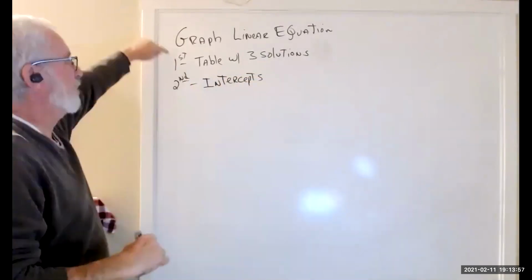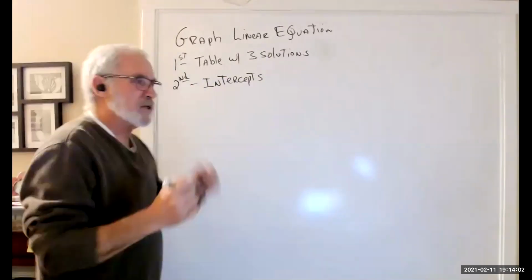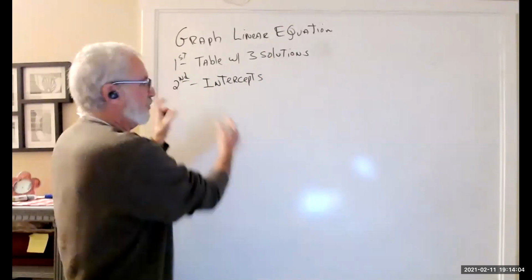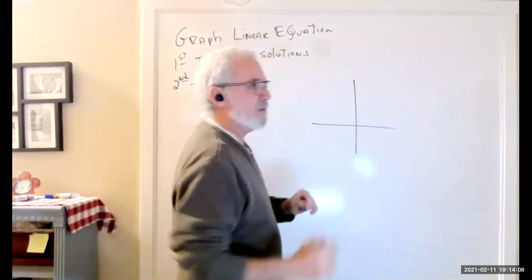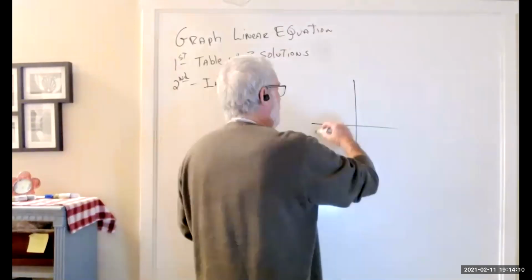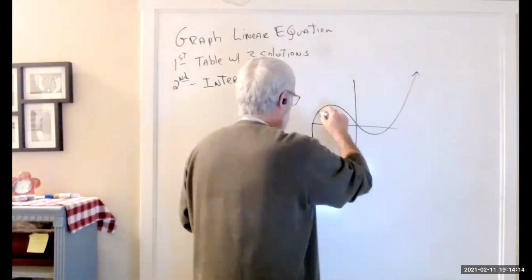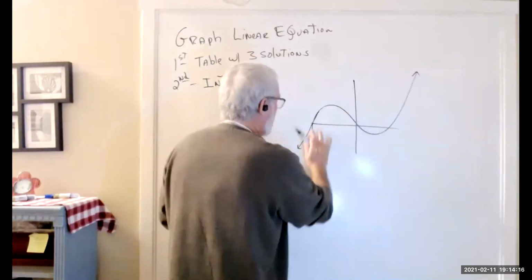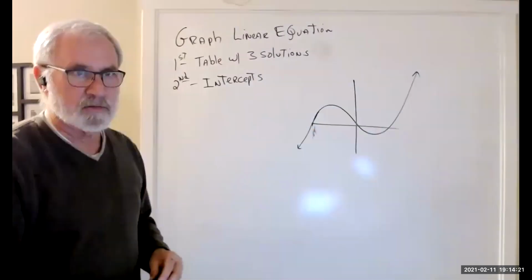Now we need to talk about this for just a second before I do a problem. Let's say I'm in Math 116 and I'm graphing something that looks like this, which you will graph in Math 116. They'll teach you how. It's not that hard.